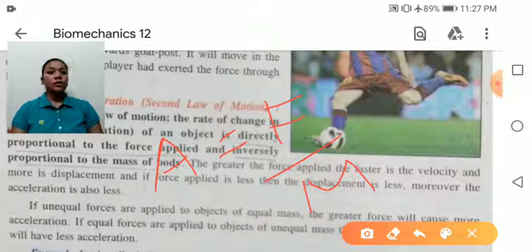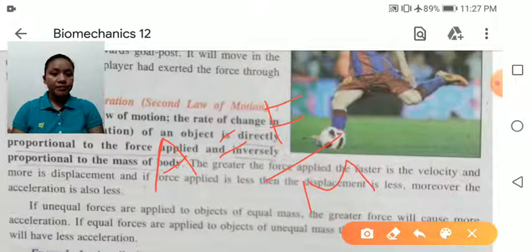If there are two objects of the same weight, and the player exerts more force on one object, then the object on which more force is applied will have more velocity, means there will be more movement of the object.